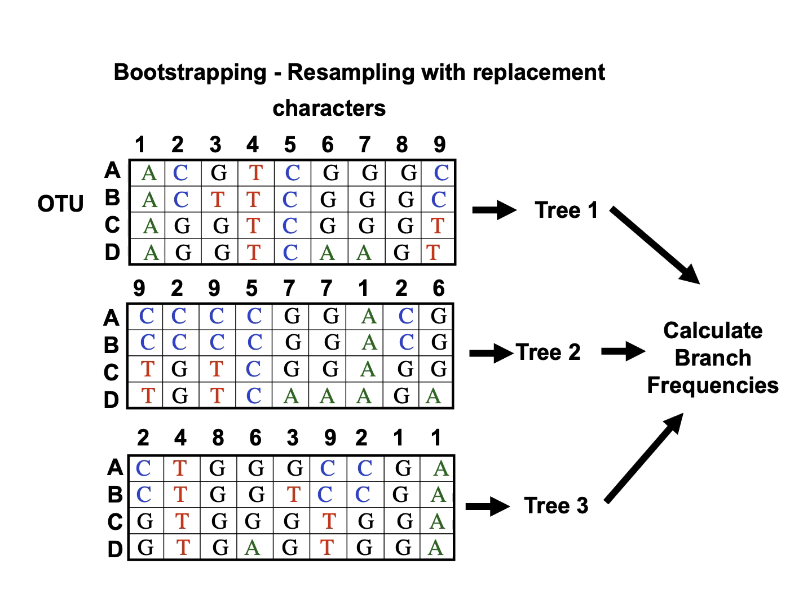And it then calculates the frequencies of how often particular branches appear on each one of those trees. So if a branch appears in 1,000 out of 1,000 iterations, then that is strongly supported, and that gets a value of 100 or 100%.